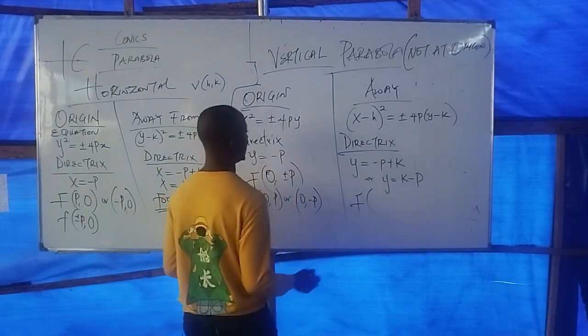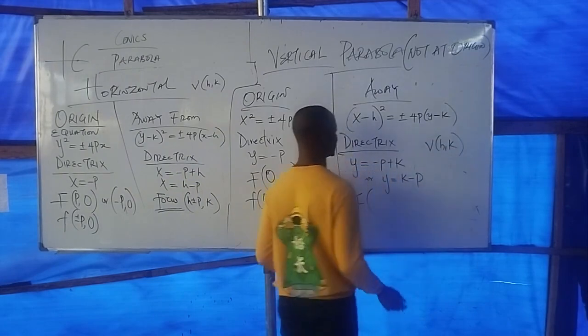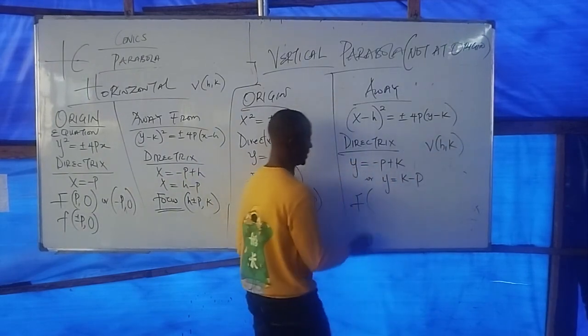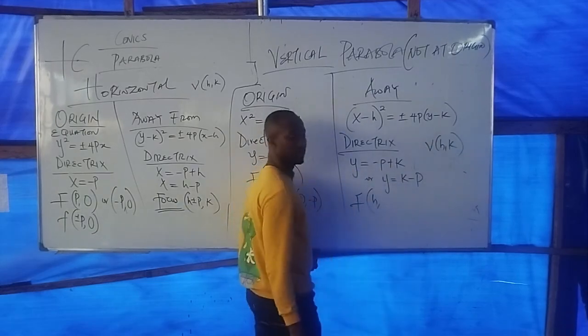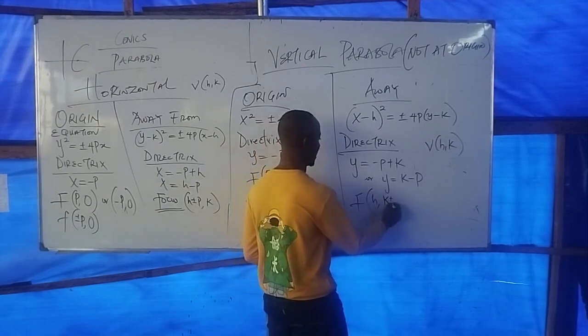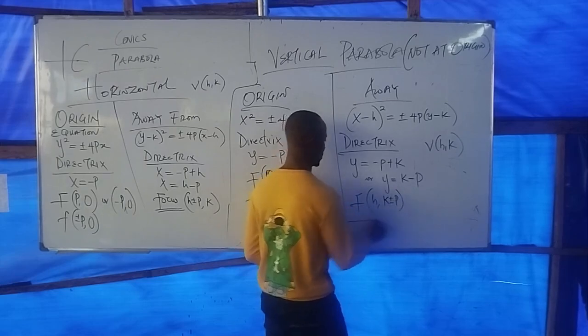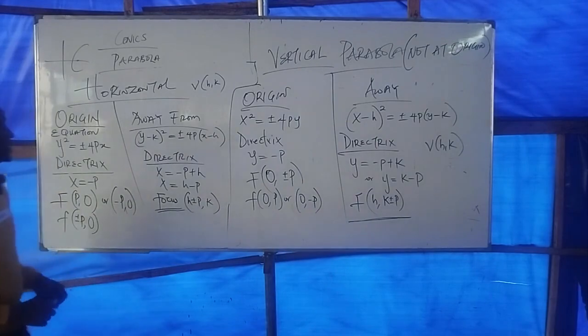Then our focus is going to be on the y-axis. So if our vertex is (h, k) and the focus is on the y-axis, I will maintain h, then add plus or minus p to the y-coordinate, so k plus or minus p.